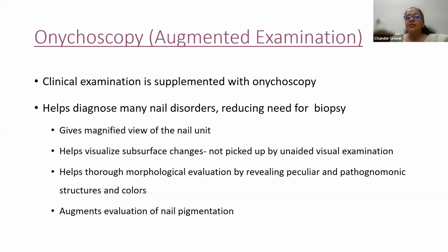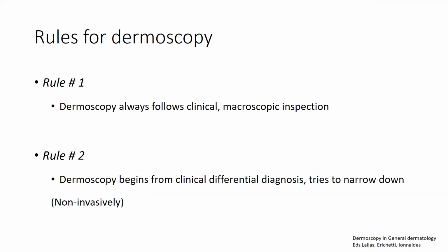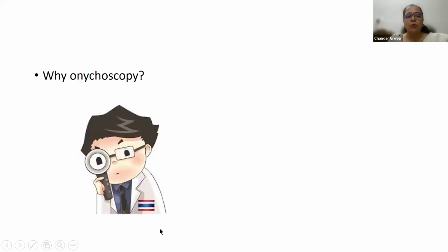Here you see this combination of findings of brachyonychia. Here the elkonyxis is so clearly made out for you, the defect and the underlying salmon patch, which is clearly visible. I told you the rules for dermoscopy: it always follows clinical macroscopic inspection, and from the differential diagnosis, you move in a non-invasive manner to narrow them down.